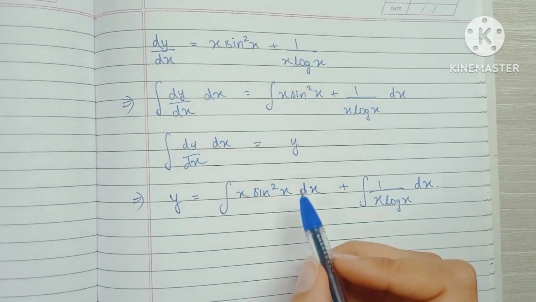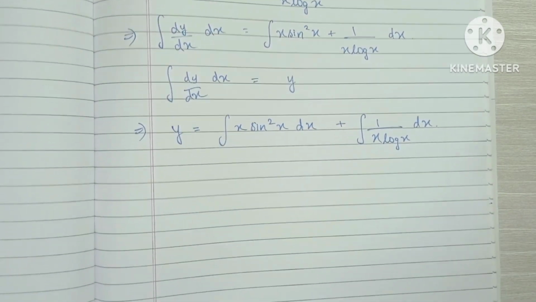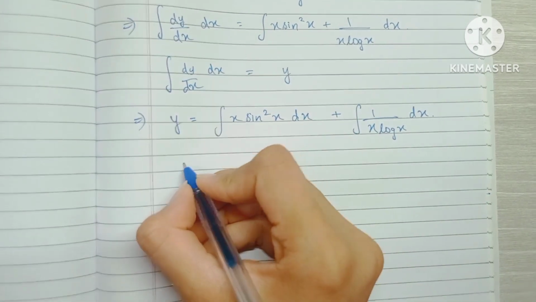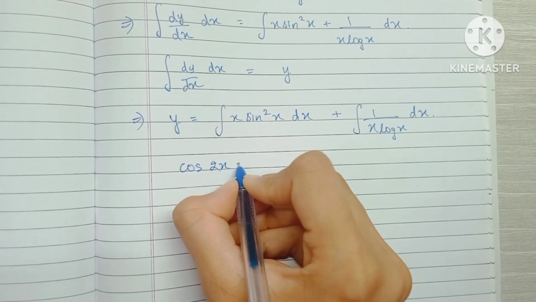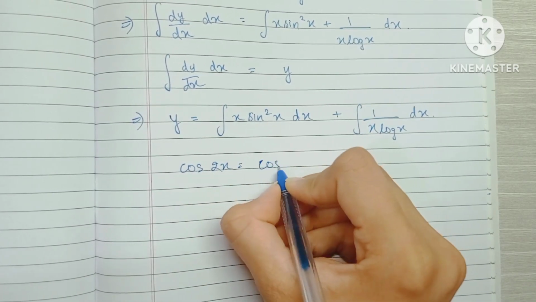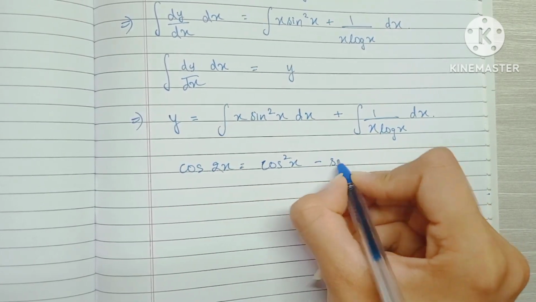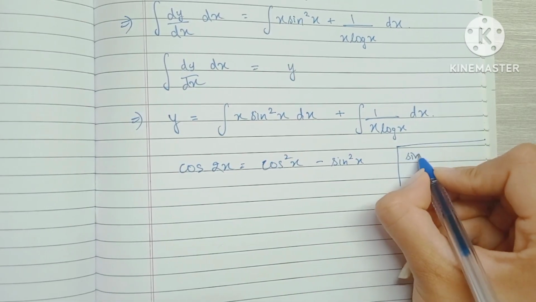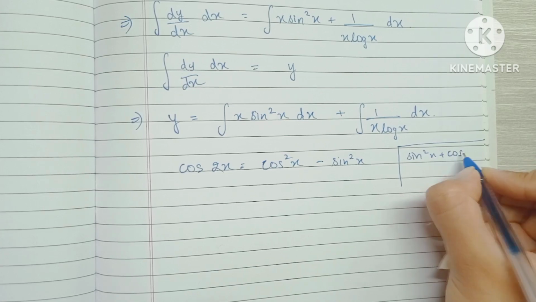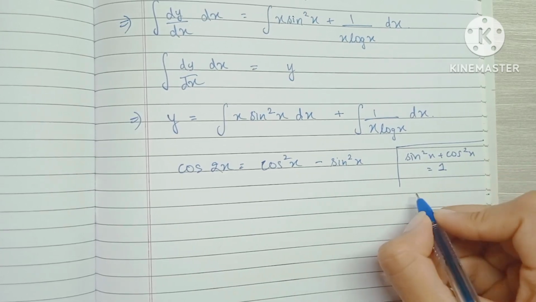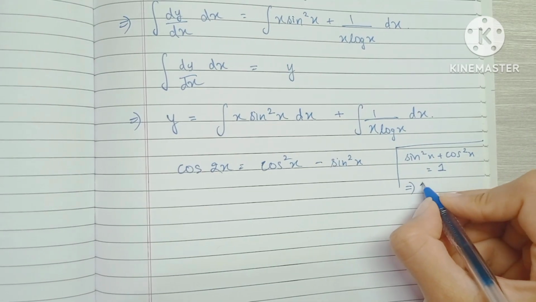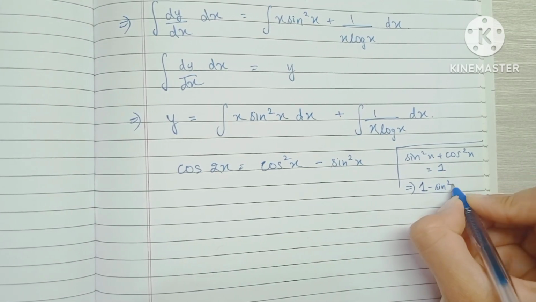Okay, so for the first part, we're going to be using a derivation of the equation of cos 2x. So cos 2x is equal to cos square x minus sine square x. And we already know that sine square x plus cos square x is equal to 1, which implies that cos square x is equal to 1 minus sine square x.